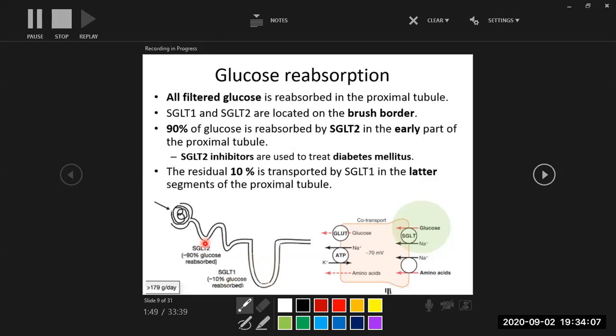So this way we can quickly reduce the glucose amount in our body. Because we block it, the glucose will not be reabsorbed, and it will go in here and get peed out. So the SGLT2 inhibitor is a drug to treat diabetes. This could be a quiz question: SGLT2 inhibitor is a common drug for what? It is the drug primarily used to treat diabetes mellitus.